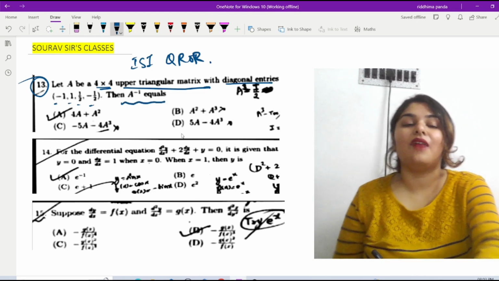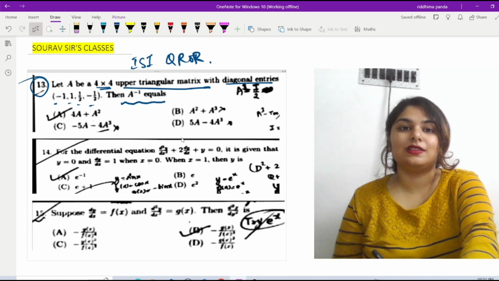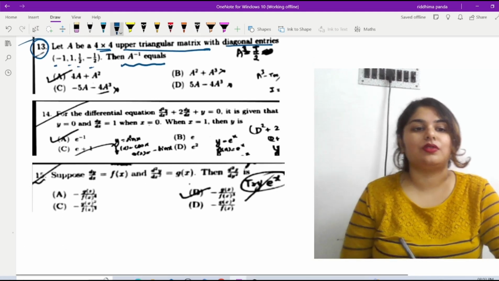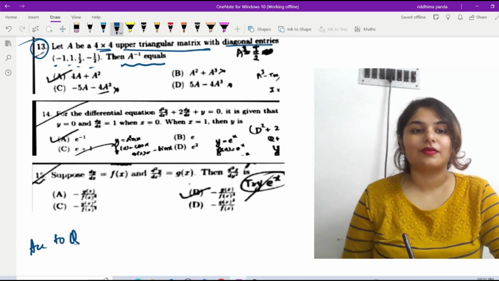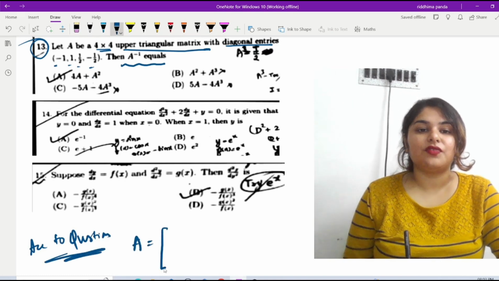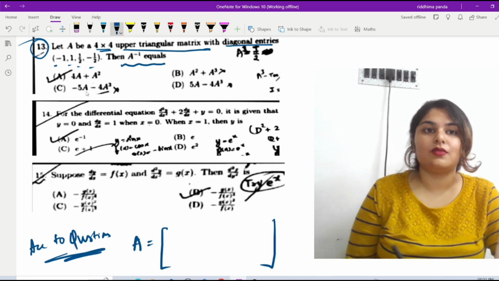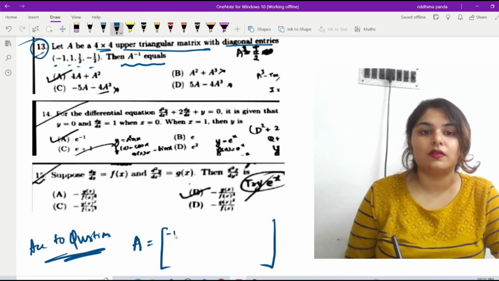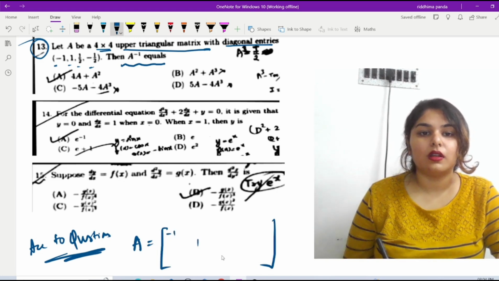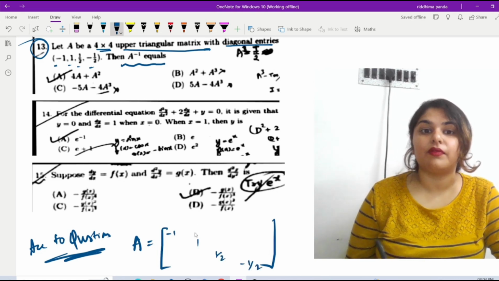So let us write down our matrix A as per the question. First of all, we have to fill up the diagonals. What are the diagonal entries? -1, 1, half and minus half.